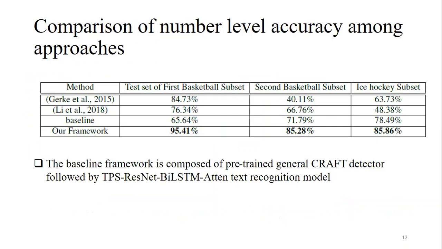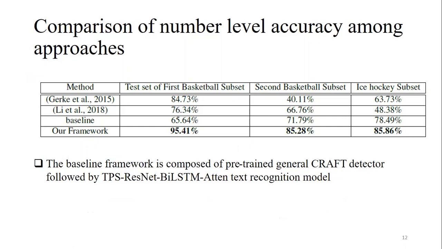And then we conduct the comparison of number-level accuracy among approaches: Gerg et al., Li et al., the baseline, and our framework. The baseline framework is composed of a pre-trained general CRAFT detector, followed by an attention-based text recognition model.